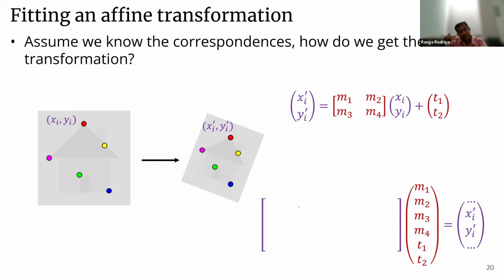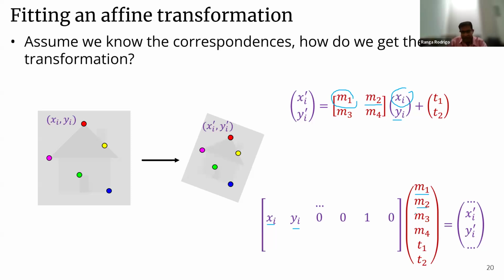Now, rather than doing that, we write it like this expression. You can see the multiplier of M1 is xi, so you have xi here as the first coordinate of this line, which multiplies M1. M2 is multiplied by yi.